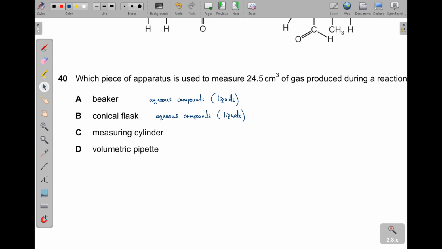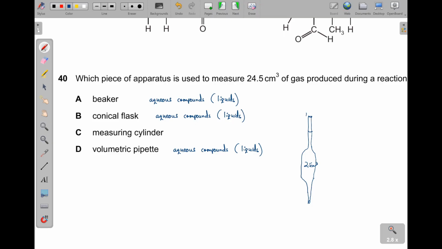Volumetric pipette, the same thing. When you pipette, the pipette looks like this, then it has something here, so it comes like this, and then it has a mark there. So maybe this one is 25 cubic centimeters.